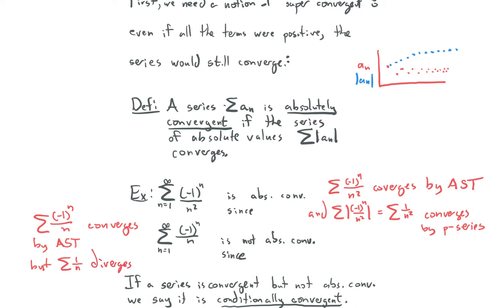And you can say this for many reasons, but p-series is probably the easiest to see it. This is a p-series where the power is not bigger than 1. It's exactly equal to 1, so we know that this does not converge, it diverges. So this is not absolutely convergent, since these two things are true. And we call series that aren't absolutely convergent, but still converge with the negative terms in there, conditionally convergent.